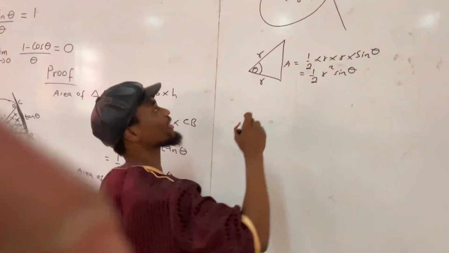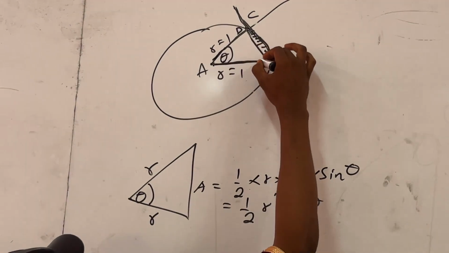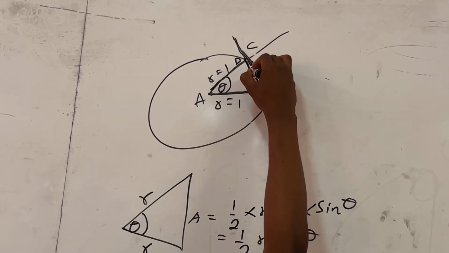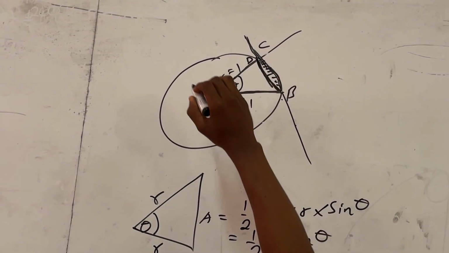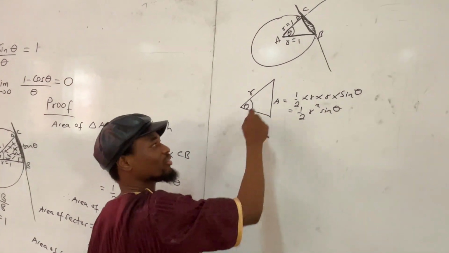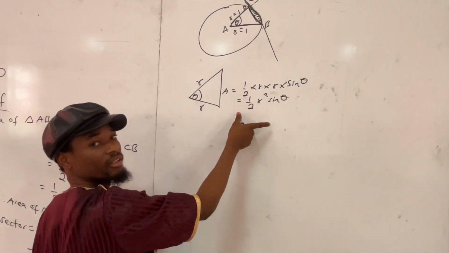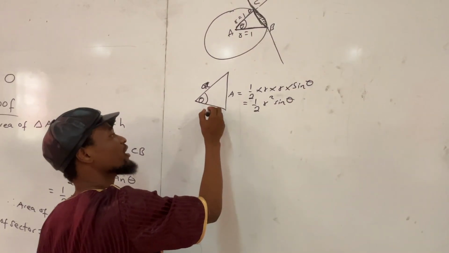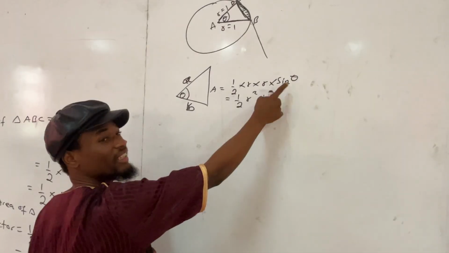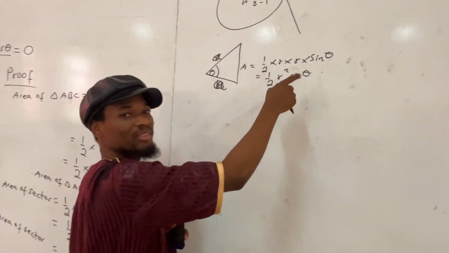So viewers, having done that, we have R over here. We also have R over here. And we have the line we drew. We constructed our own line, and it's forming something like this. Do you get it, David? So something of this nature. And from our basic pre-calculus, you know the formula, right? So if you have here to be A, here to be, let's say, B, you have half A times B times sine theta. If here is also A, you have half times A times sine theta.